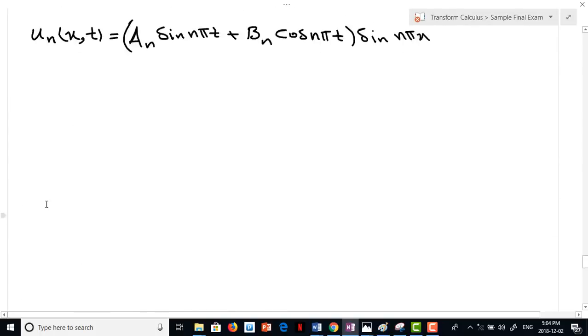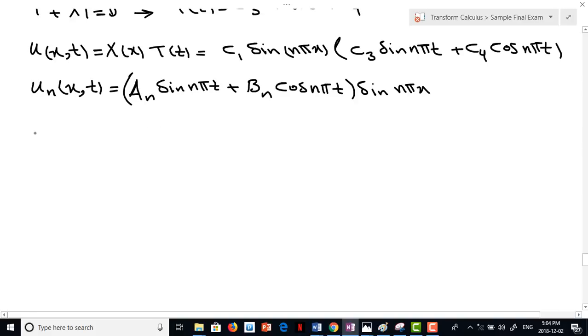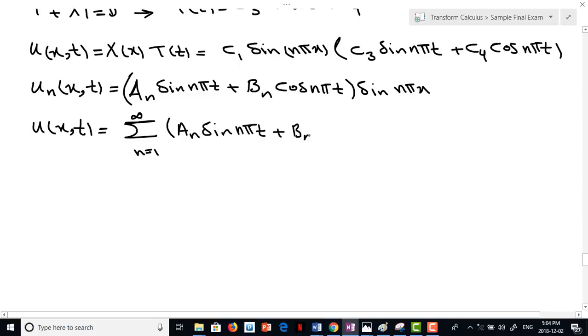The summation of un is a solution as well. So as a result, u of x and t is equal to the summation of an sine n pi t plus bn cosine n pi t, all times sine n pi x.